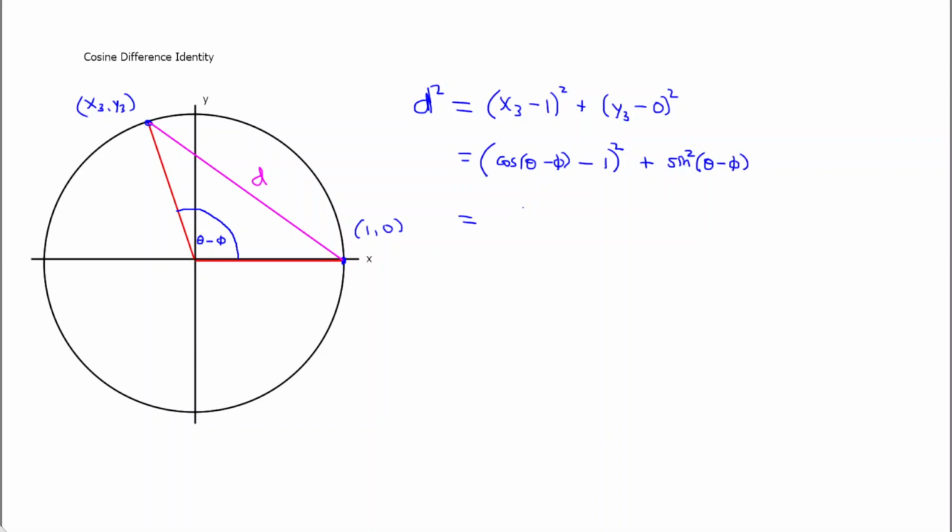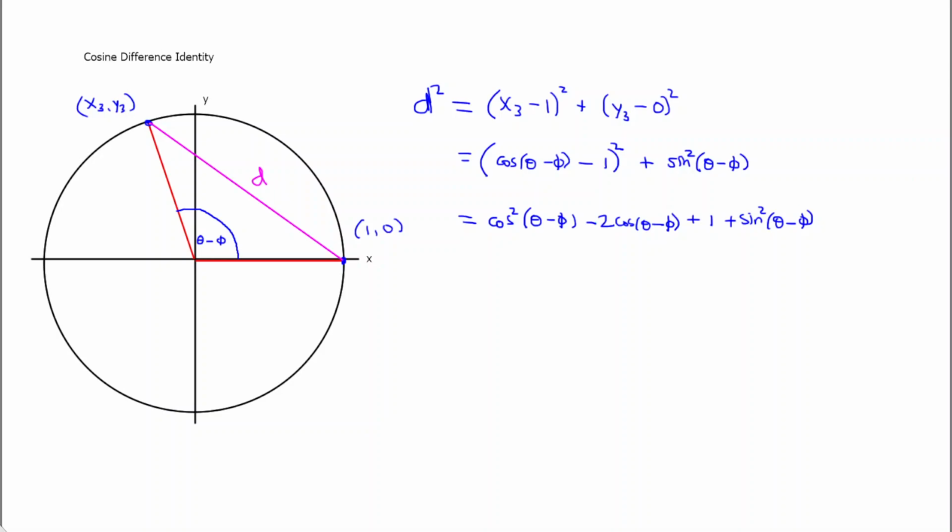Let's expand out that first binomial as we did previously: cosine squared theta minus phi minus 2 cosine of theta minus phi plus 1 plus sine squared theta minus phi.